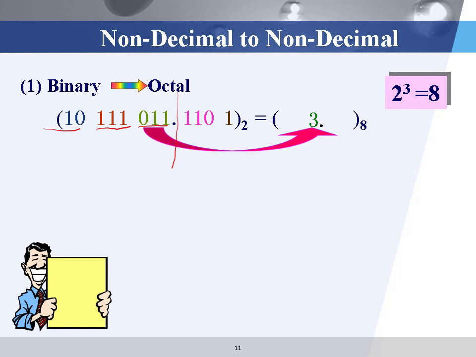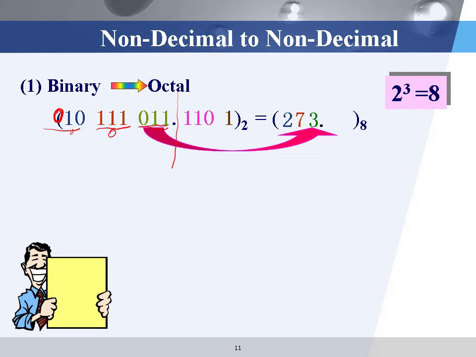So we are going to add 1 digit that will not change the value of the original number. We can only put a 0 here. So the first group is 3, the second group is 7, and the third group is 2.